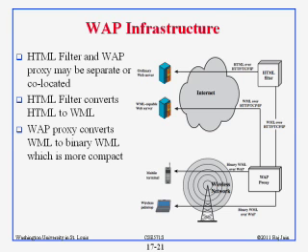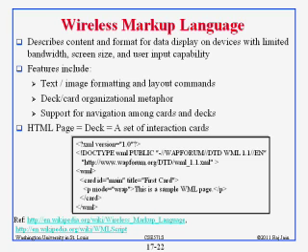So that's the kind of notation that is developing. It's not a standard, but generally m dot something is for mobile. And you might want to try out m dot eBay, m dot Walmart, m dot whatever. All right. So that's the WAP infrastructure.